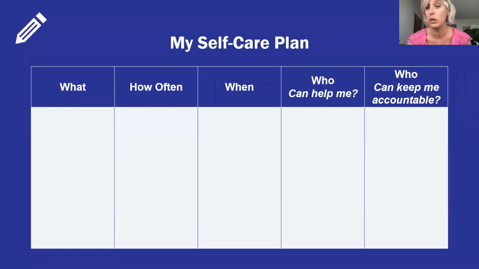Or is it I just need to go out with friends once a week, and so the friends are going to be the who? And then who can keep me accountable? Who can I tell that I'm going to set this plan for myself so that they can check in with me once every couple of weeks and say, did you do that thing? Did you go to the garden? Did you plant something? Whatever it is that makes you feel more whole and less like your only work.